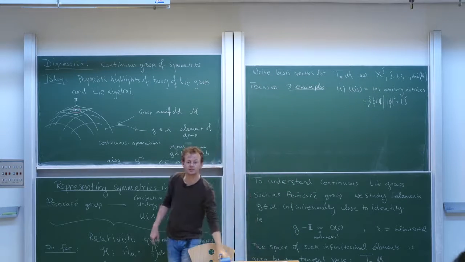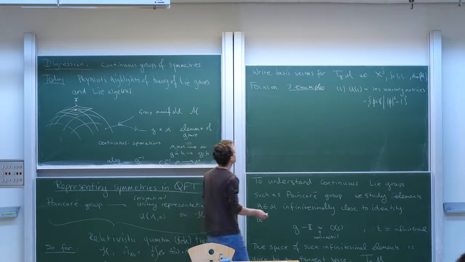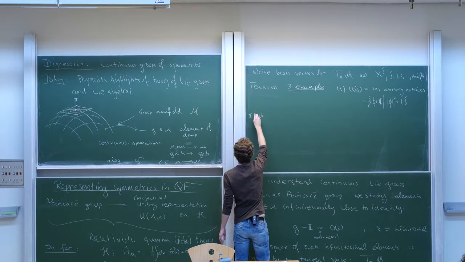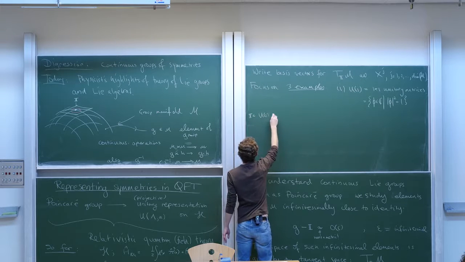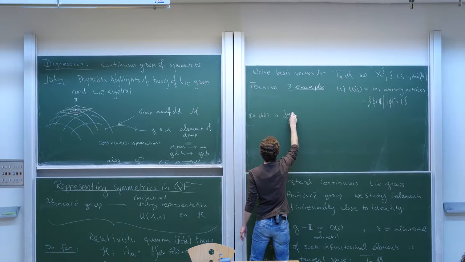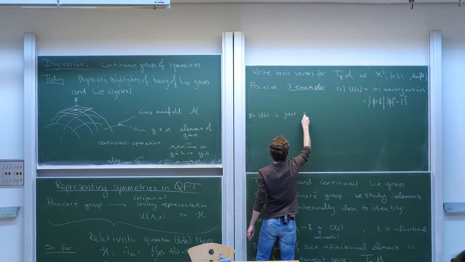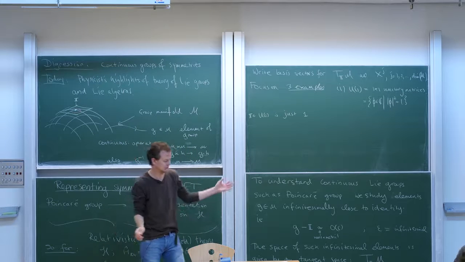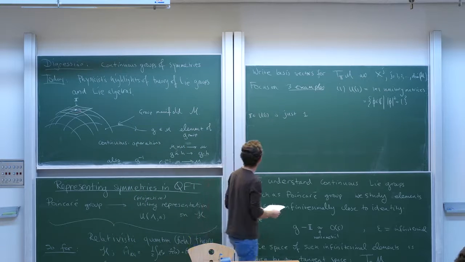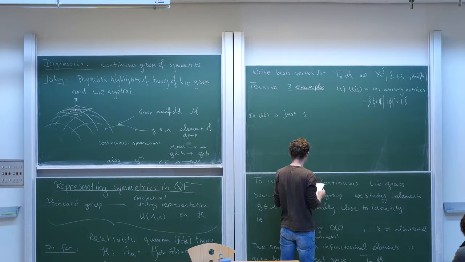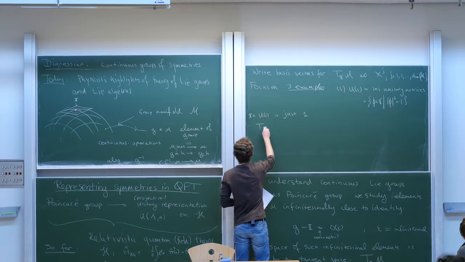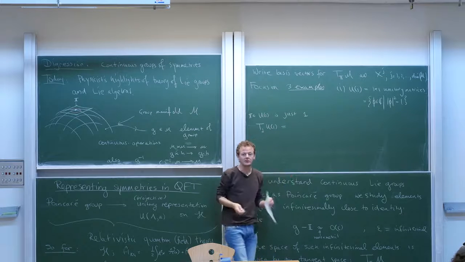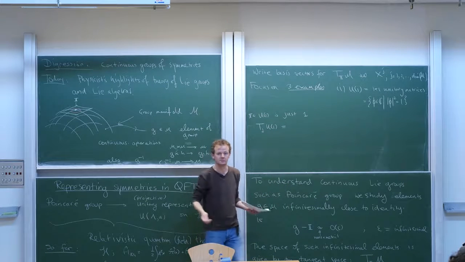And let's study the tangent space to the identity. So what's the identity for the Lie group U(1)? Well, the identity is just the number 1. The number 1 under multiplication is the identity for this group. And so an infinitesimal element near the identity has to be something that's near the identity.